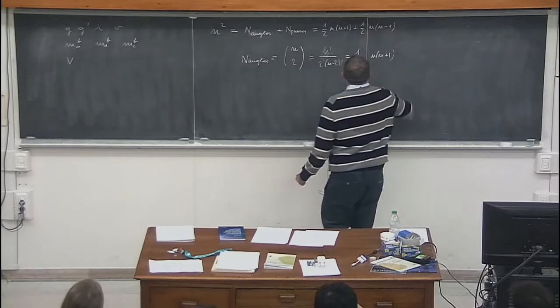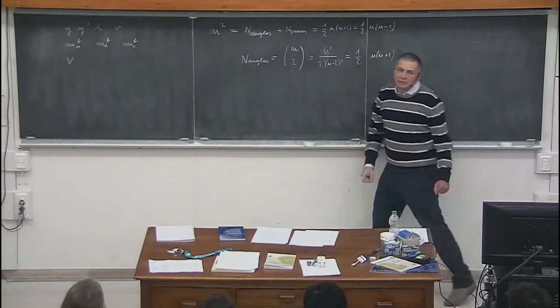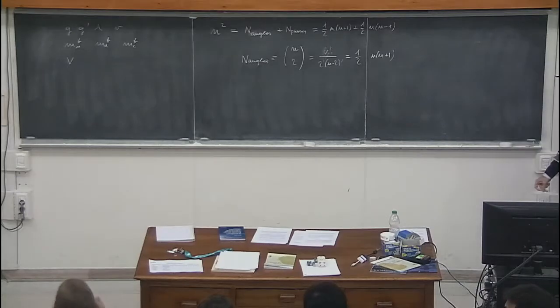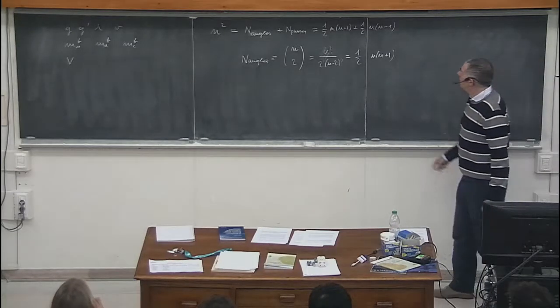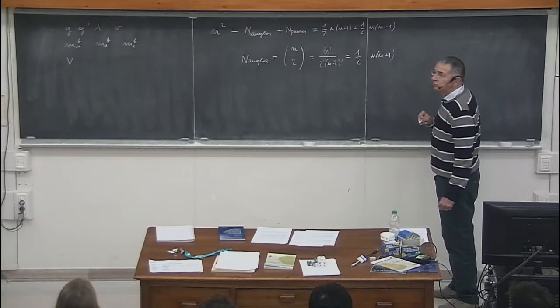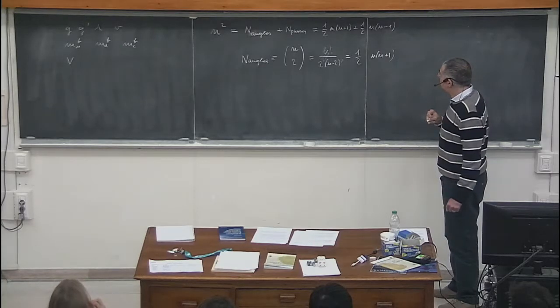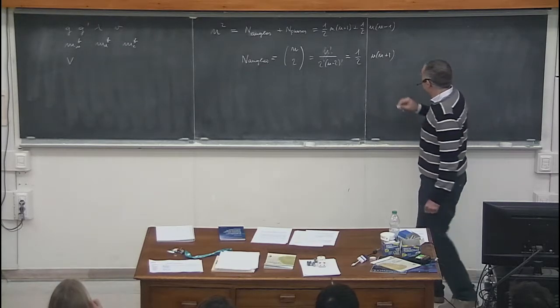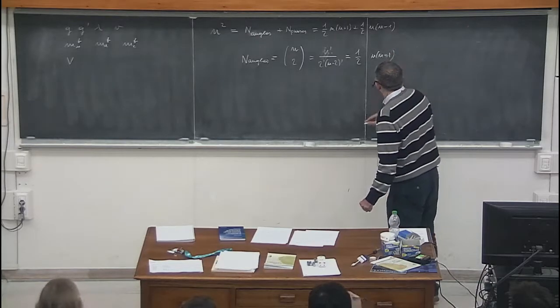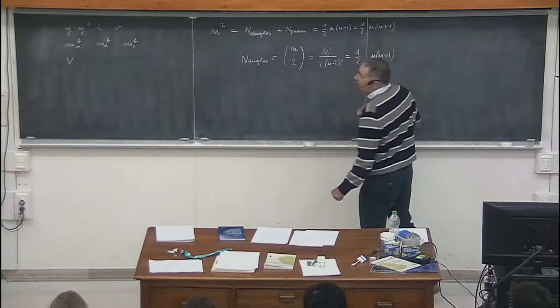And the number of phases is just what is needed to fill the gap, the difference. Sorry? N minus 1. Sorry, n minus 1. So this is 1/2 times n minus 1 times n minus 2. Thank you.